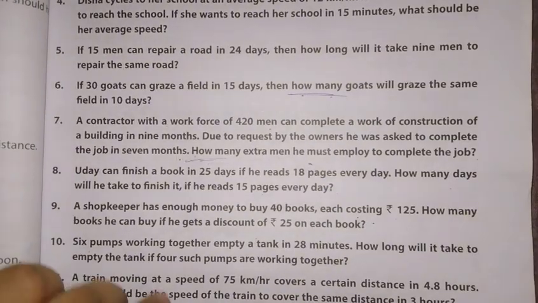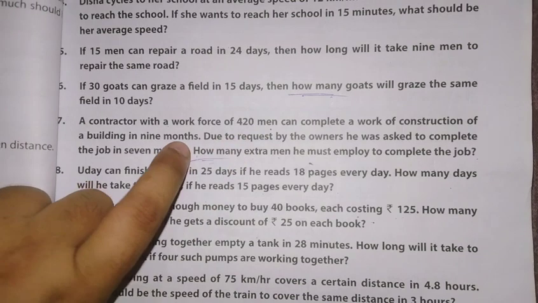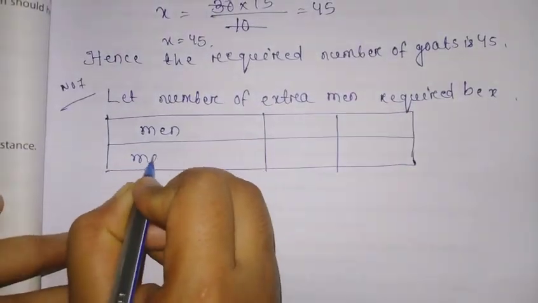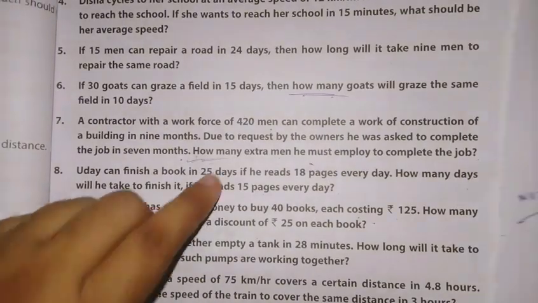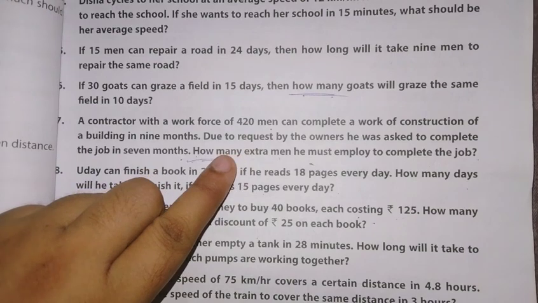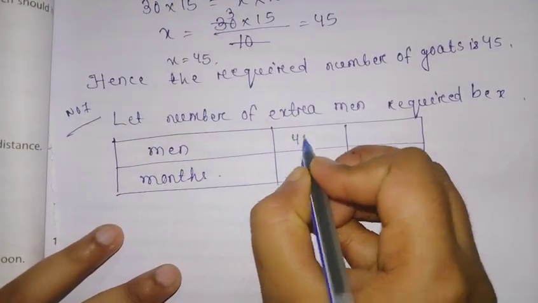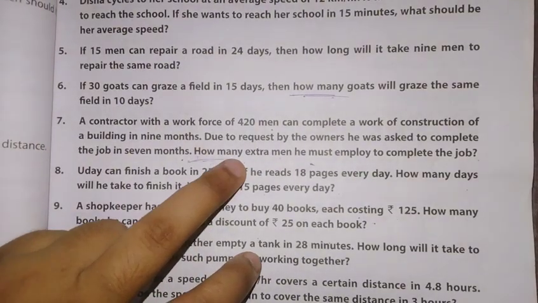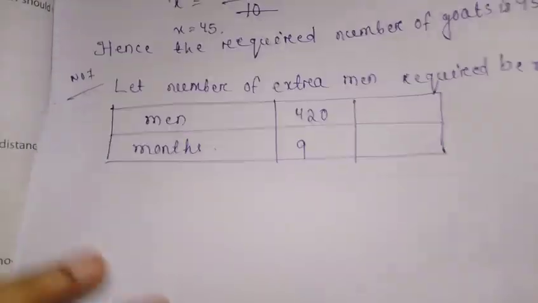First I write men, then we write months. 420 men, 9 months. Then x men, 7 months.